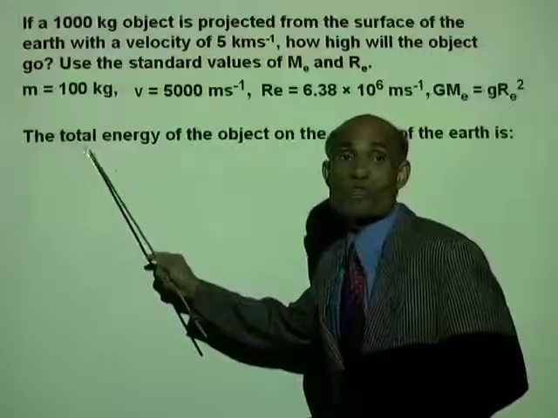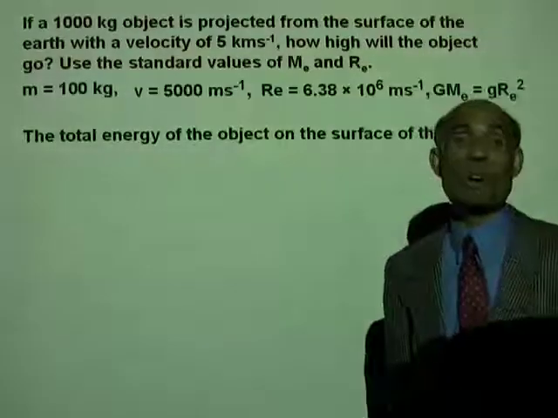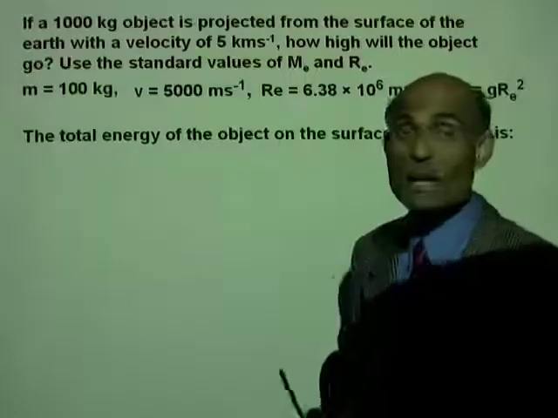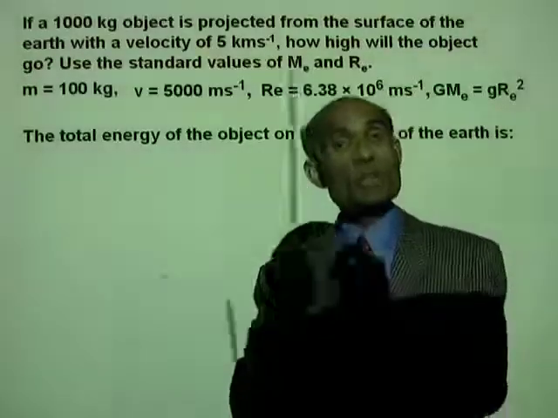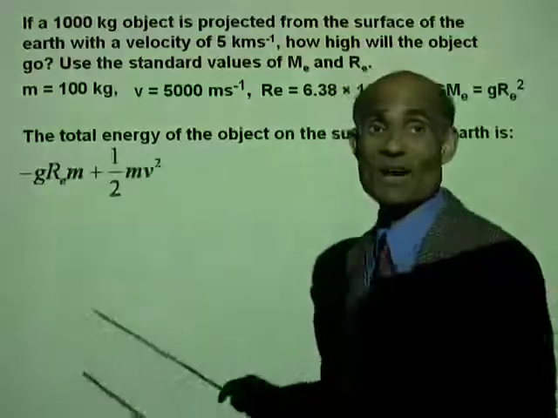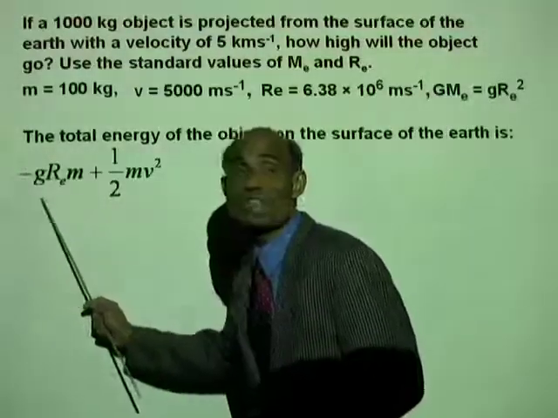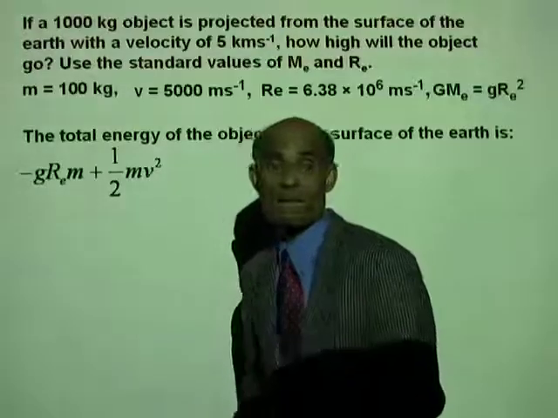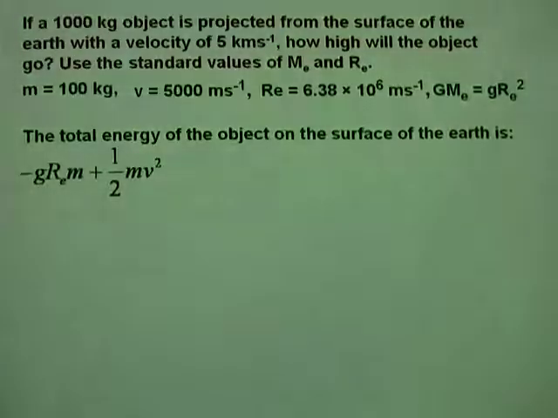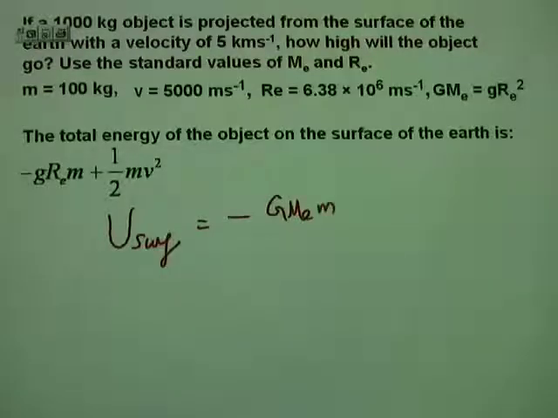Okay. What is the total energy of this object on the surface of the earth? Total energy is its potential energy plus its kinetic energy. Now, the potential energy is negative GREM. Is that right? Well, let me refresh your memory on it. The potential energy of an object on the surface of the earth is negative GMEM over Re, and that is, replace your GME by what quantity?